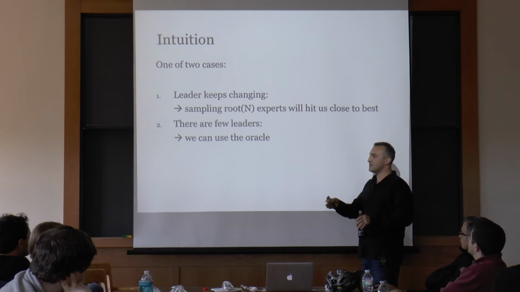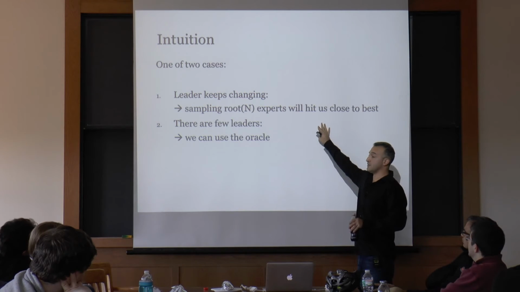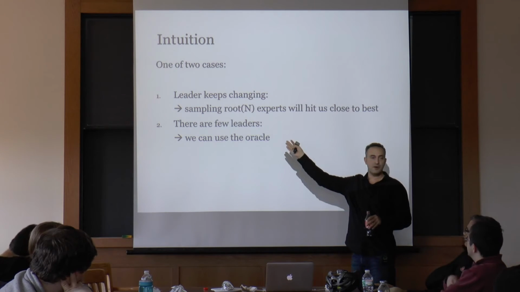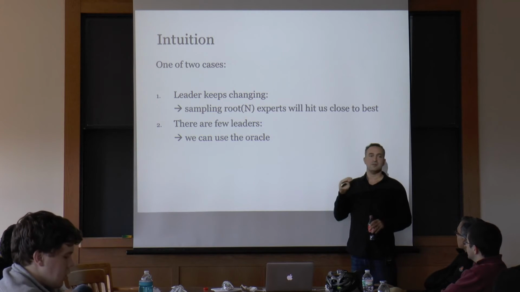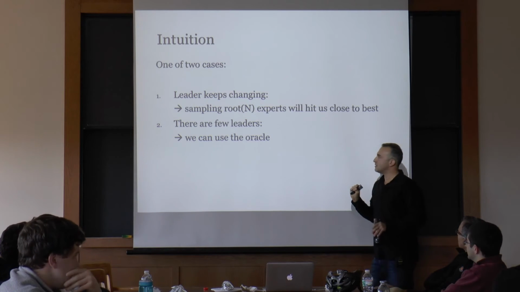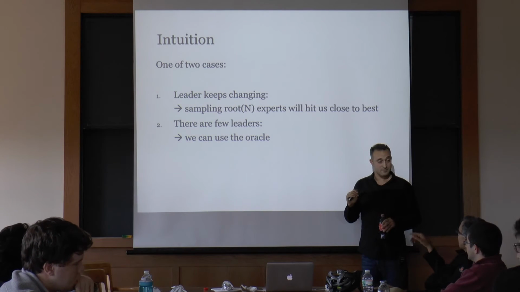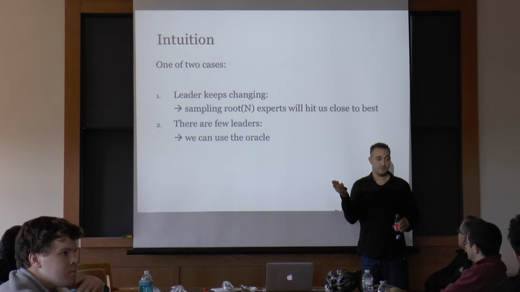Now, if there are many, many leaders, every time there is a new expert that is the best, then sampling is a good idea. You sample many experts, you're going to hit one of them that is pretty far off, right? And then if you follow him, you're doing pretty well. You need there to be a lot of them.